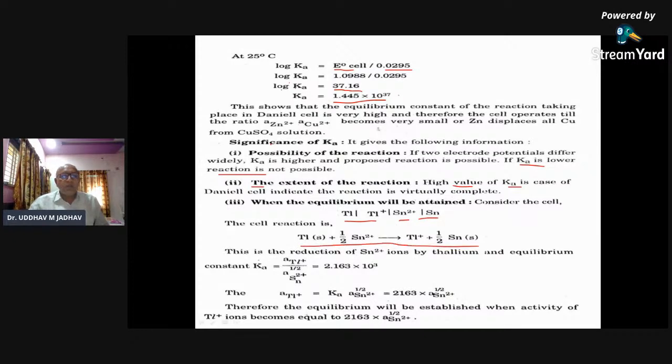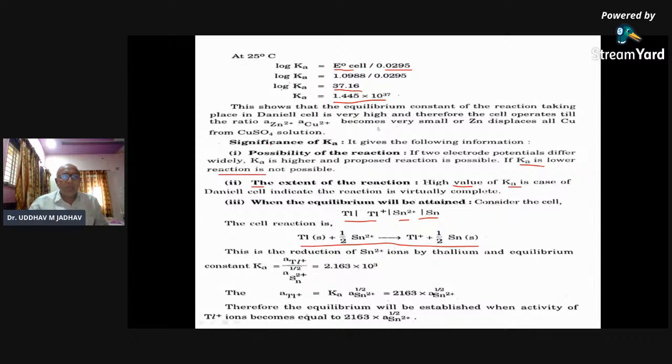आणि ही रिॲक्शन, सॉरी, हा सेल, this is reduction of Sn²⁺ ion by titanium. आणि इक्विलिब्रियम कॉन्स्टंट, जर ती हॅपन होत असेल तर इक्विलिब्रियम कॉन्स्टंट काय होईल, बघा इथे, ऍक्टिव्हिटी ऑफ Ti⁺ आणि ऍक्टिव्हिटी ऑफ Sn²⁺ रेस टू 1/2.